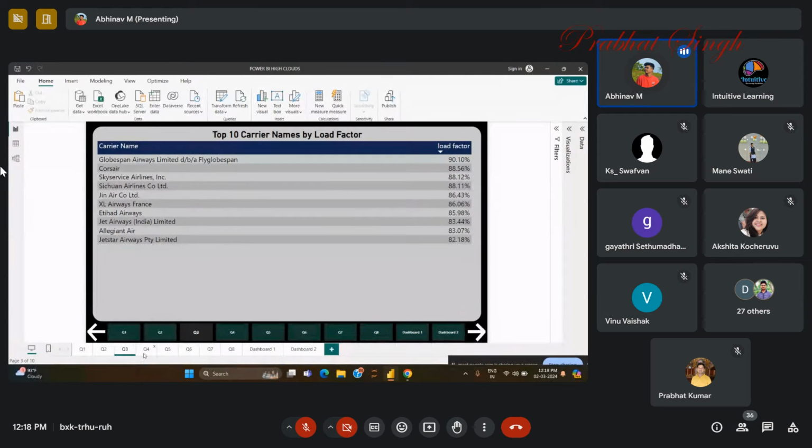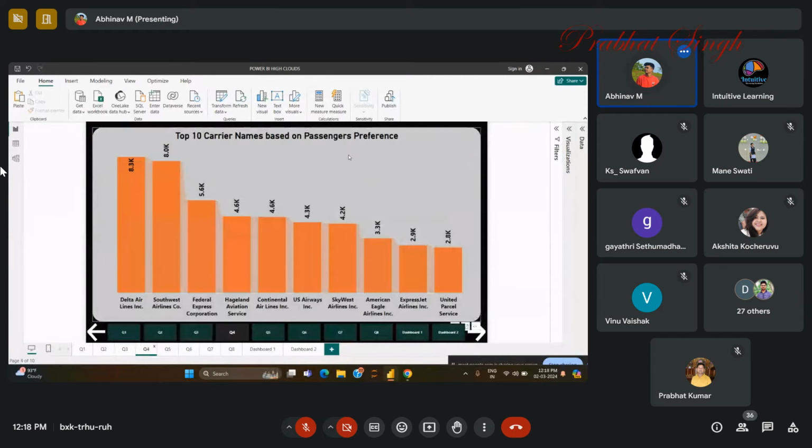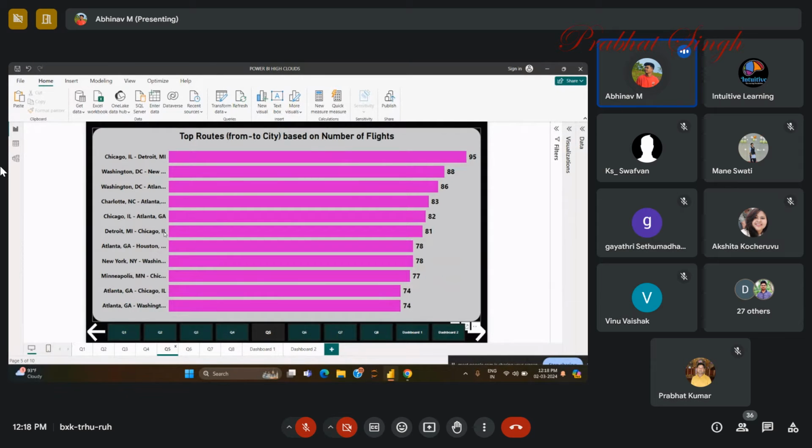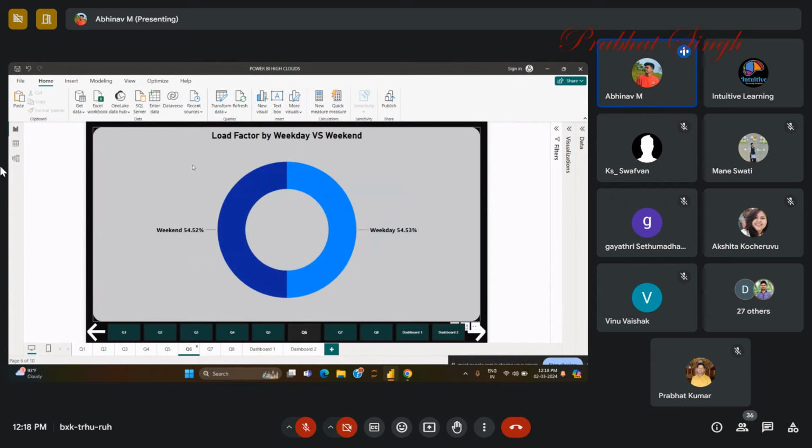And we are going to question 4. In this KPI, we have top 10 carrier names based on passenger preference. And question 5, in this KPI we have top routes based on number of flights. And question 6, the load factor by weekday versus weekend.